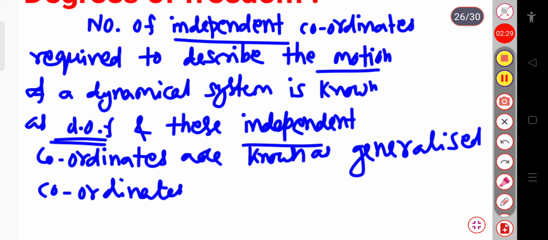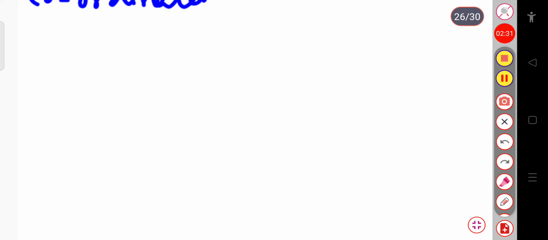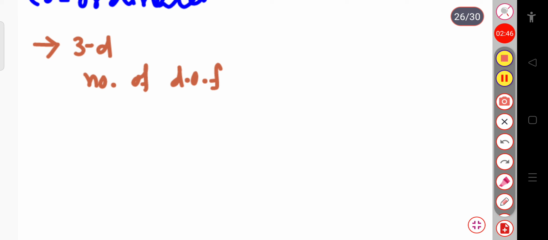So for example, suppose I consider a three-dimensional system. For that case, the number of degrees of freedom, if I represent this as F, will be equal to 3n minus k.